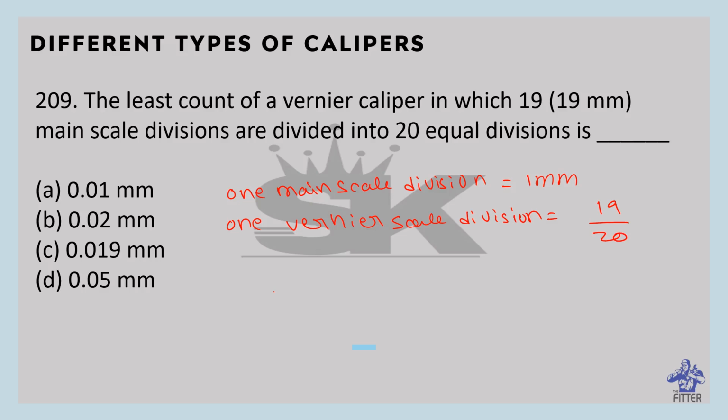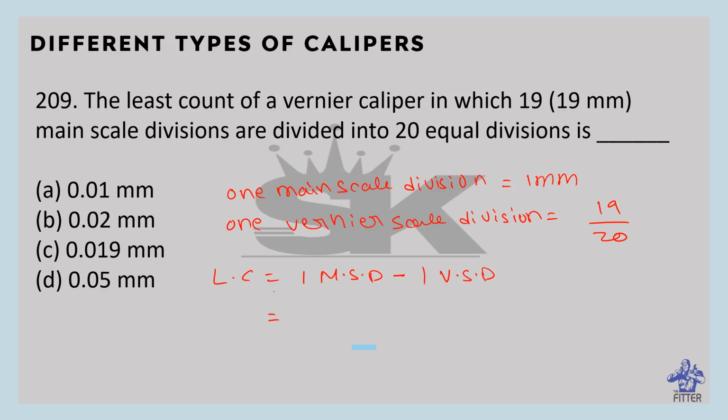Okay, so least count equals to one main scale division, one MSD, minus one vernier scale division, VSD.